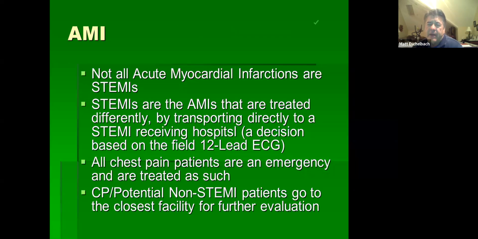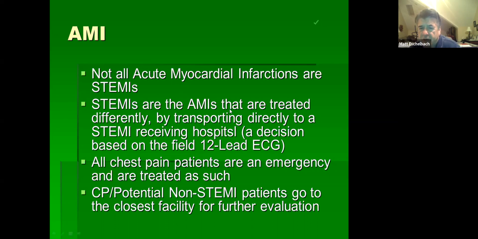When we're talking about acute MI, not all acute MIs are STEMIs. A few lectures back we talked about acute coronary syndrome, which is not a STEMI, but there's been damage to the heart muscle.